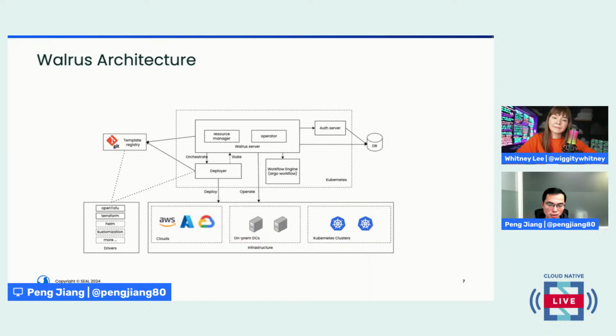For each run, it will create a Kubernetes pod, and each pod is actually a deployer. Currently, we support OpenTofu and Terraform as two deployers, and we will support more IaC tools and deployers in the future. The second one is the operator. Since OpenTofu is just an IaC tool, its main responsibility is resource provisioning.